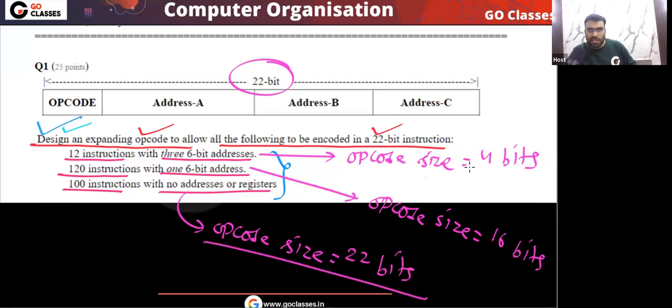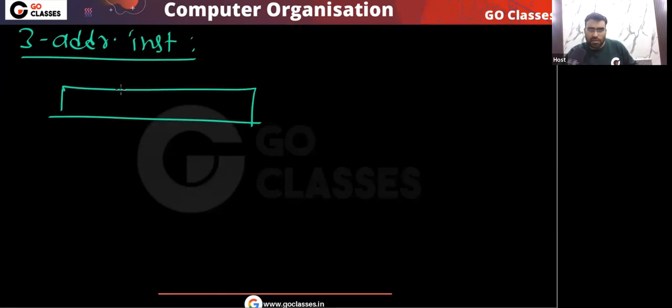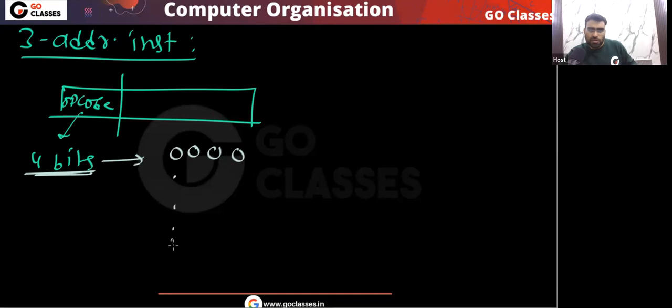So always start from instructions with the smallest opcode. So start with 3 address instructions. In the 3 address instructions, you can easily see the opcode size is 4 bits. Using 4 bits, total 16 combinations are possible.